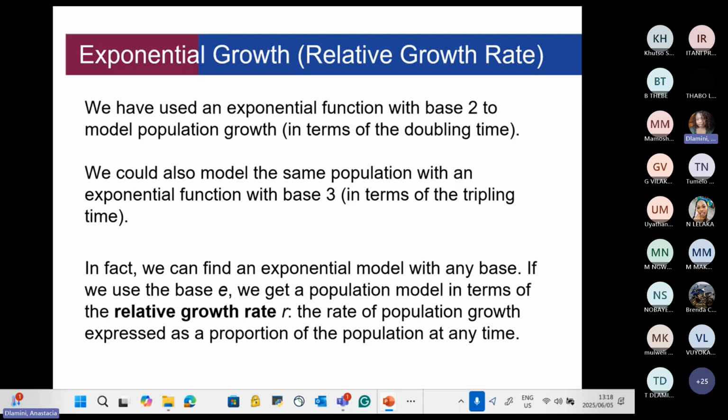Now they're saying that, in fact, we can find an exponential model with any base. If we use the base e, we get a population model in terms of a relative growth, meaning that the population is growing at the rate of, therefore, we're going to use base e instead of using base 2 or 3. The rate of population growth expressed as a proportion of the population at any time.